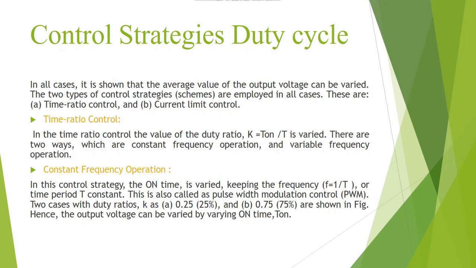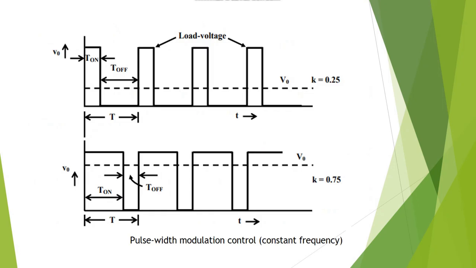Here the two pictures show two cases, where the duty cycle K value in one case is 0.25 and in the other case is 0.75. In the first case, we are using K equal to 0.25.